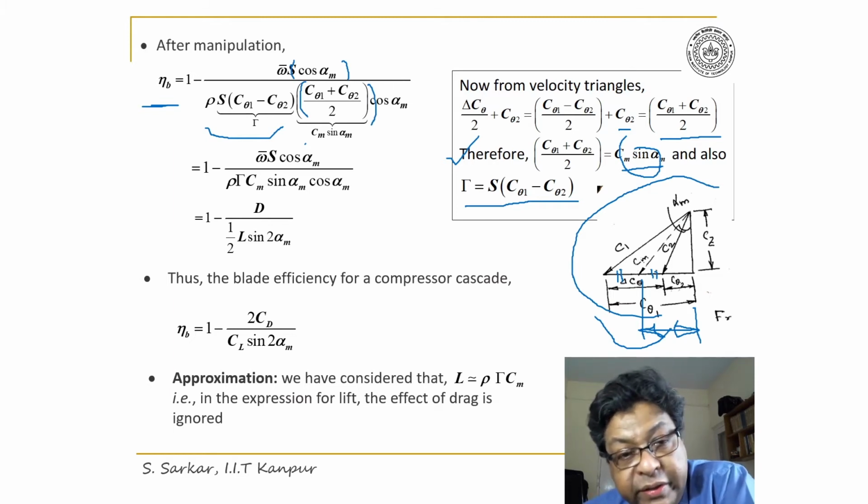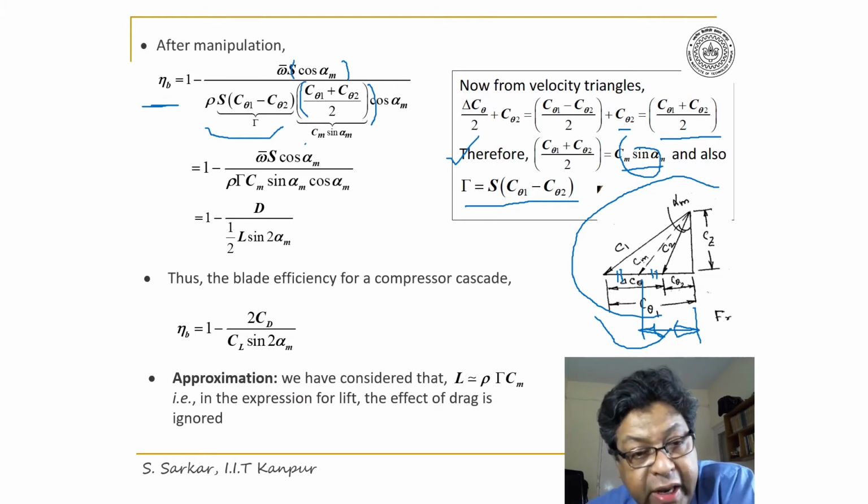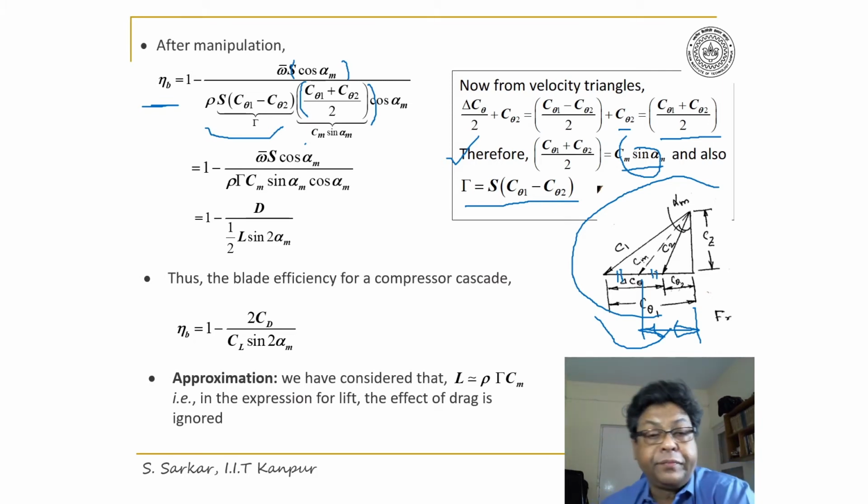Put that too. So this expression would be eta b equal to 1 minus omega tilde s into cos alpha m divided by rho gamma into Cm sine alpha m into cos alpha m.